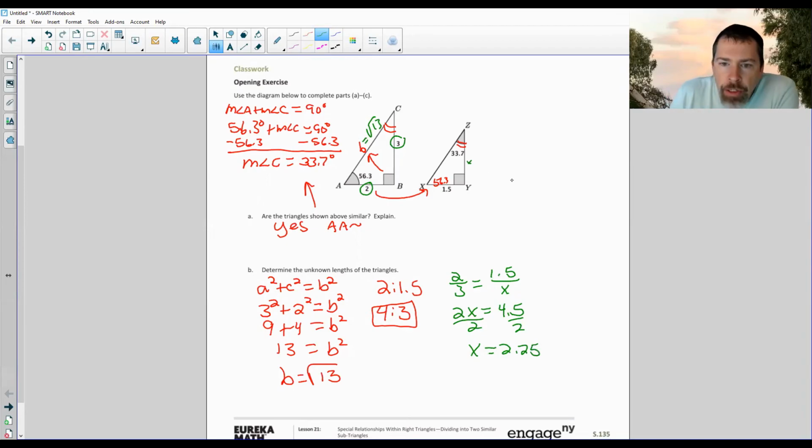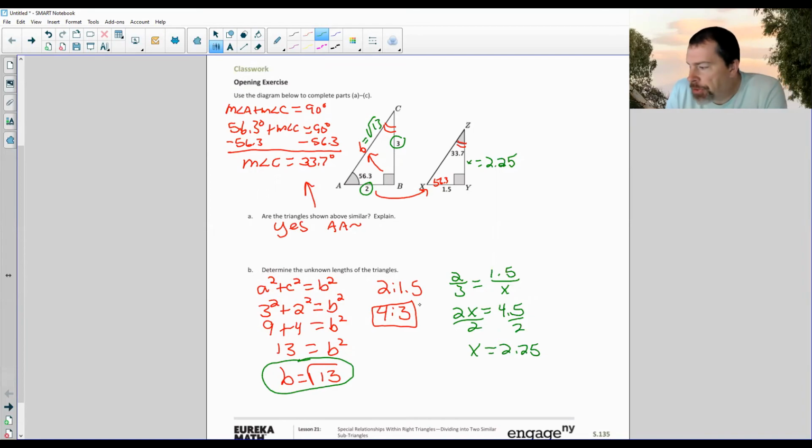So this is 2.25. Now I've already done the Pythagorean theorem to determine these were similar by two angles being congruent. So I've already got the length of B right here.